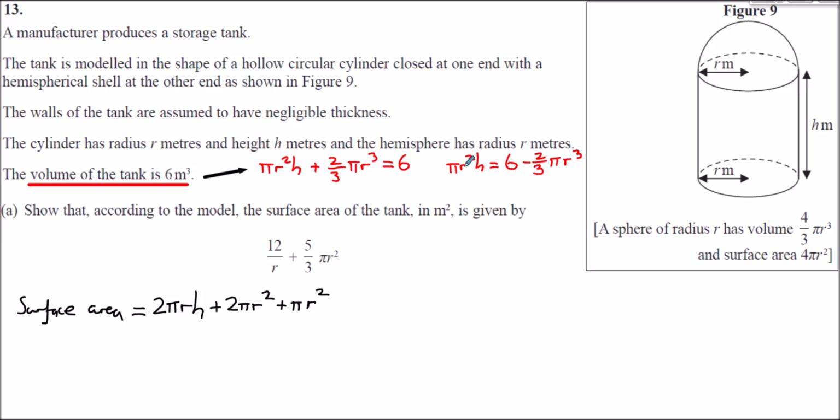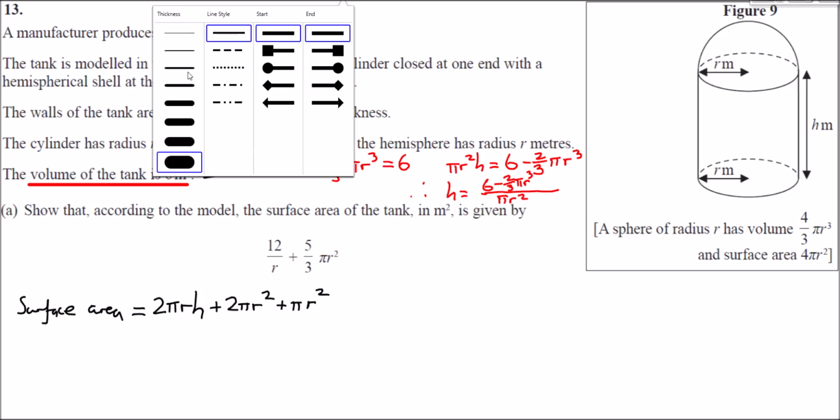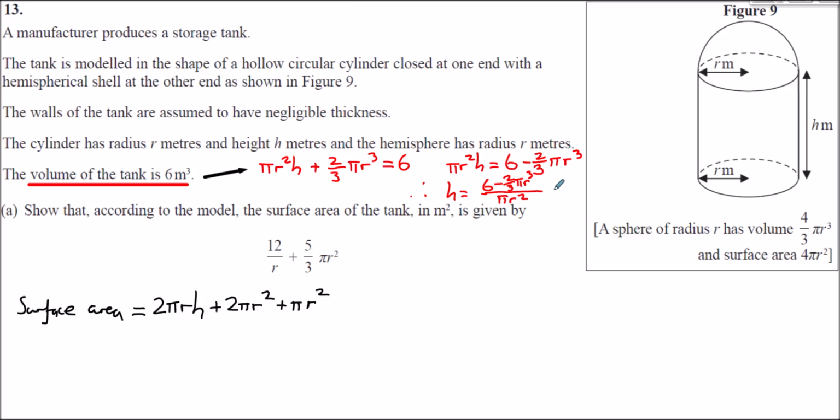Then to get h on its own, I can then just divide by pi r squared. So therefore, h is going to be 6 minus 2/3 pi r cubed all over pi r squared. So we can use this in a moment.